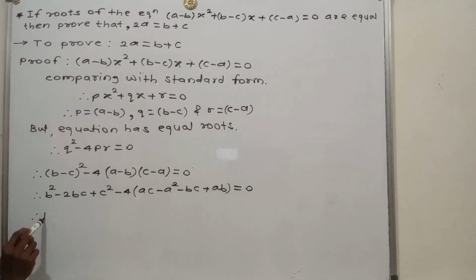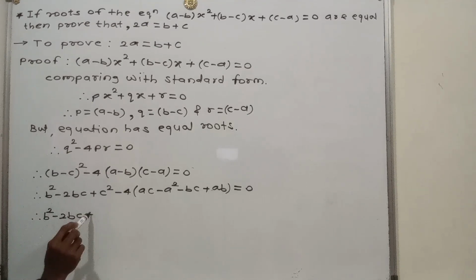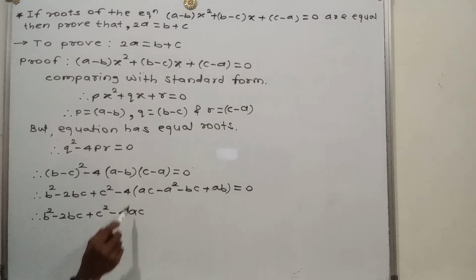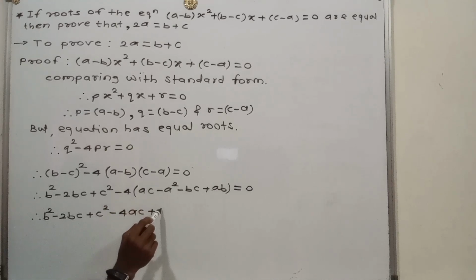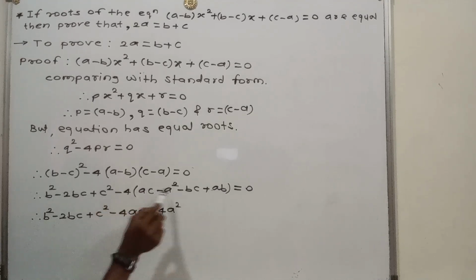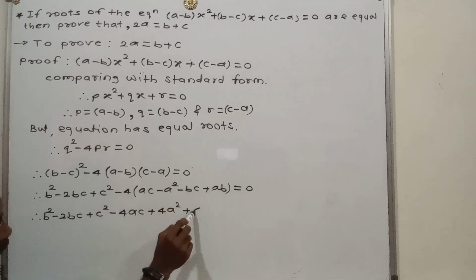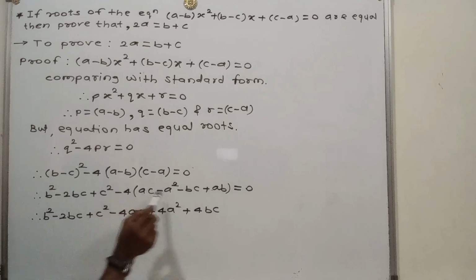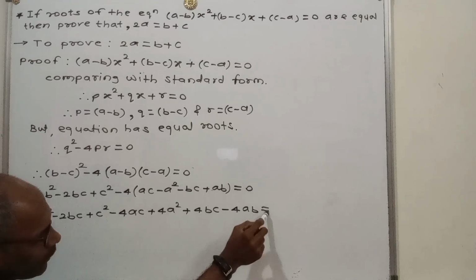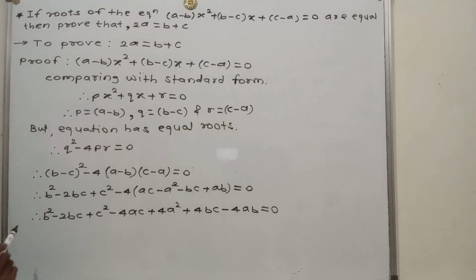Therefore we write here: b² − 2bc + c² − 4ac + 4a² + 4bc − 4ab = 0. Did you get it?